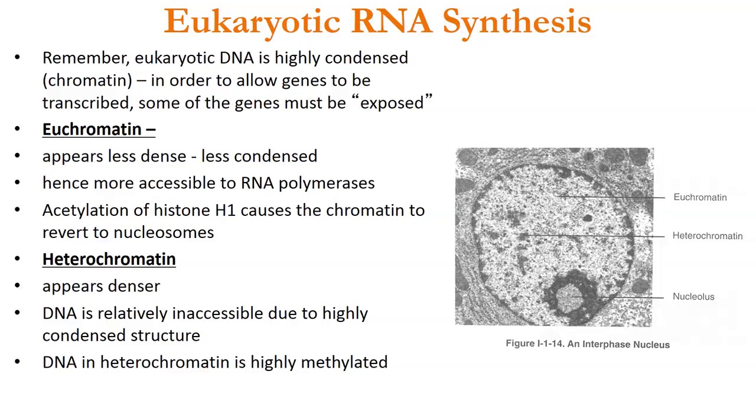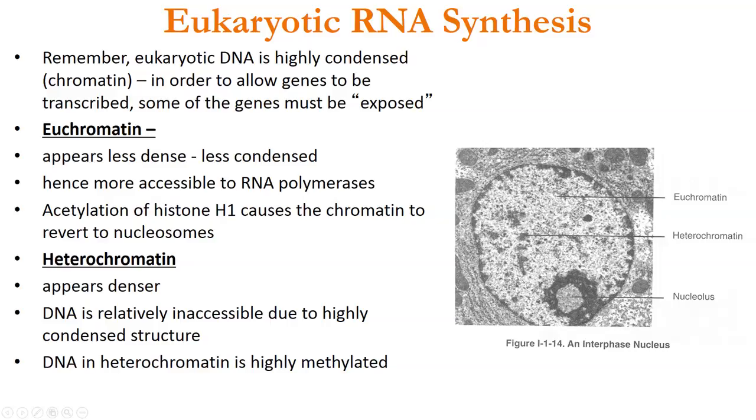We talked about histone proteins. What kind of charge do we have on histone proteins? Positive charge, right, to bind negatively charged DNA. Well, what acetylation will do is neutralize some of those positive charges, so therefore it doesn't bind DNA as tightly. And conversely, you can remove or deacetylate that H1 if you want it to be bound again. So that's how we can bind and remove H1.